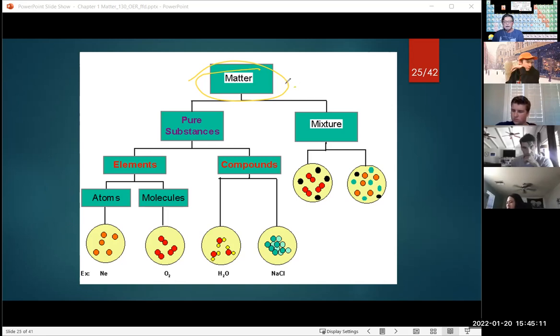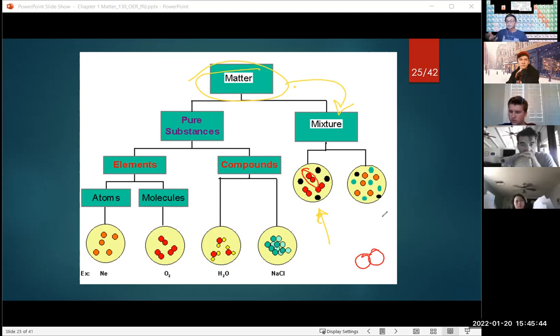If we go to the right over here, notice how in this diagram we have a mixture, two or more different moieties, whatever they may be. They could be different elements, or different diatomic elements. Here we have two spheres together, which represents a diatomic molecule of some sort.